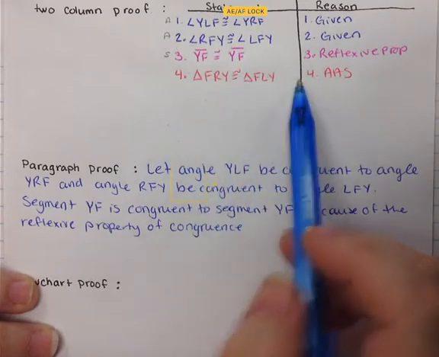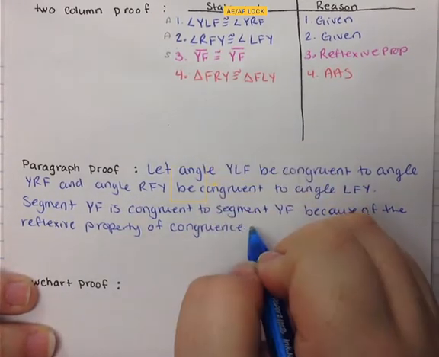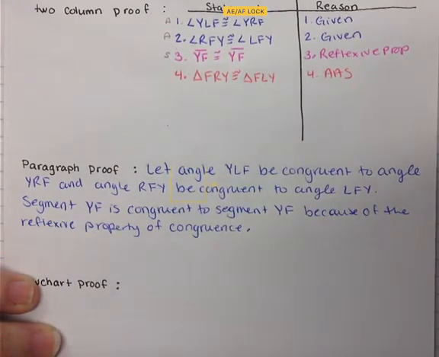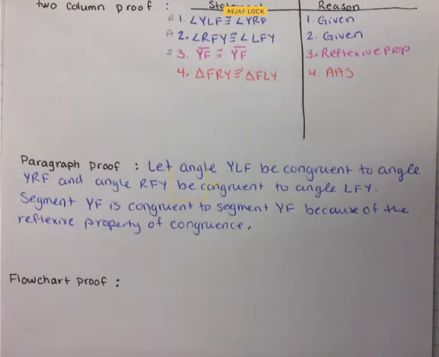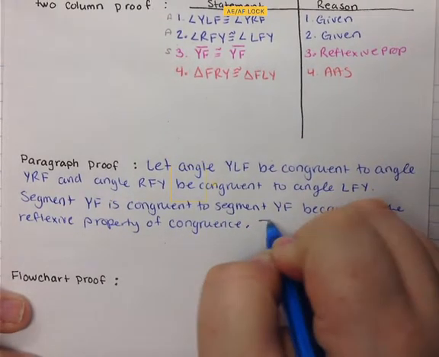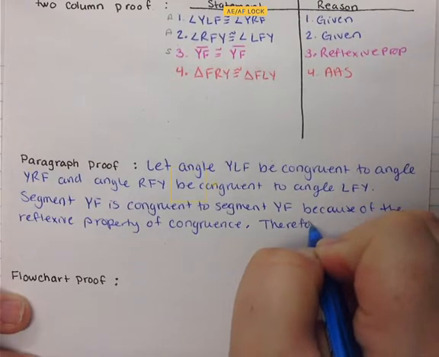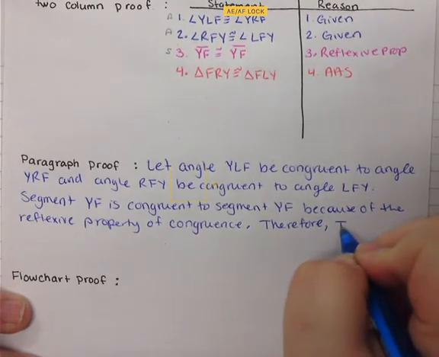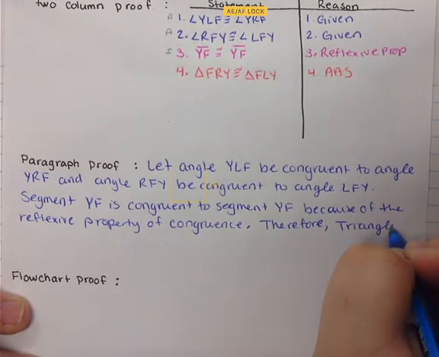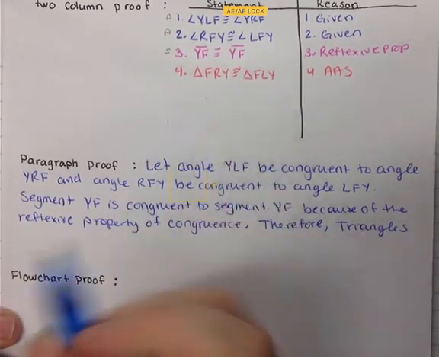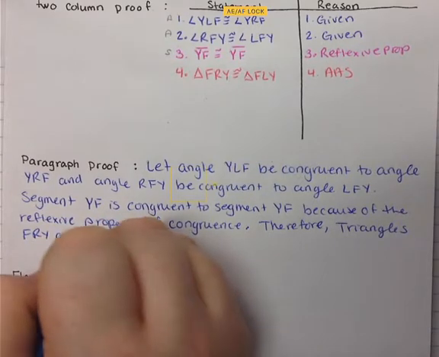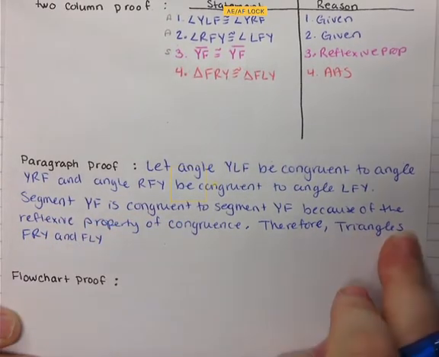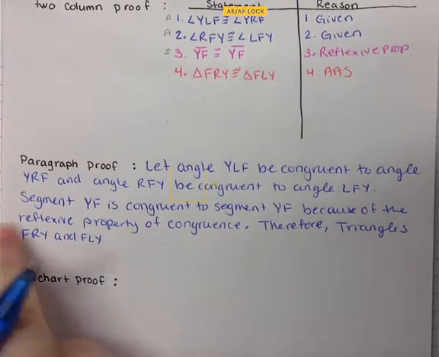Now we can actually go to our final part. So we can say in conclusion, or therefore, or anything that marks it as a conclusion. So I'm going to use the word therefore. Therefore, triangles FRY and FLY. So this said triangles, plural. I'm saying the two different triangles.